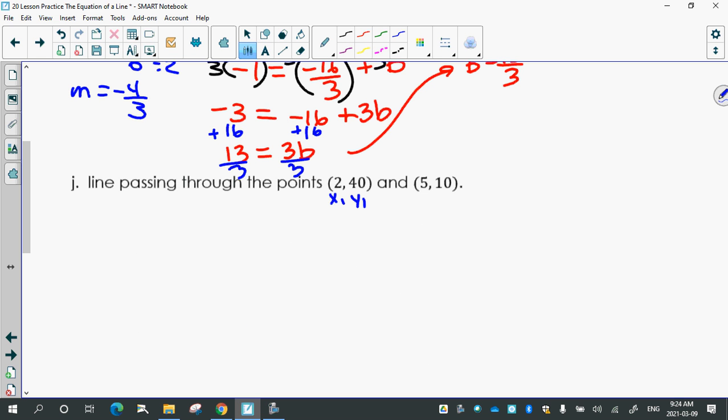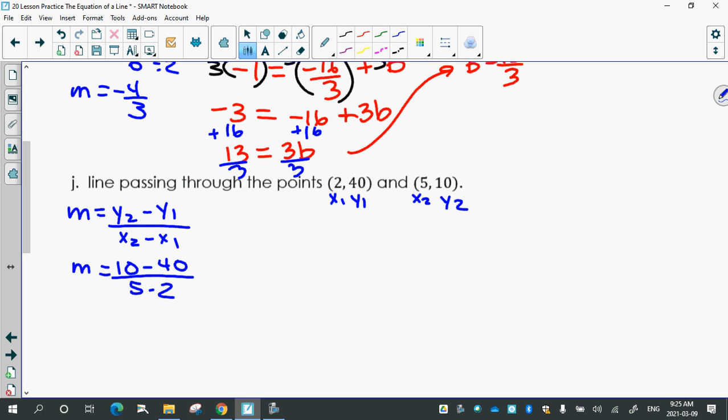So you end up getting negative 10. So 10 minus 40 over 5 minus 2.